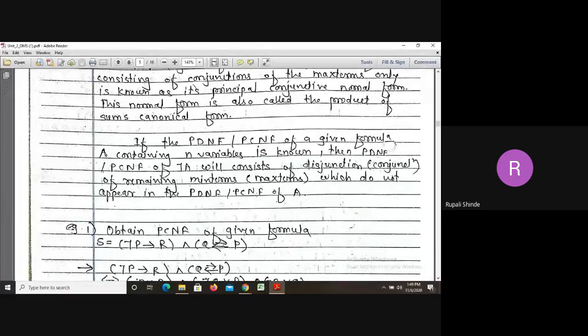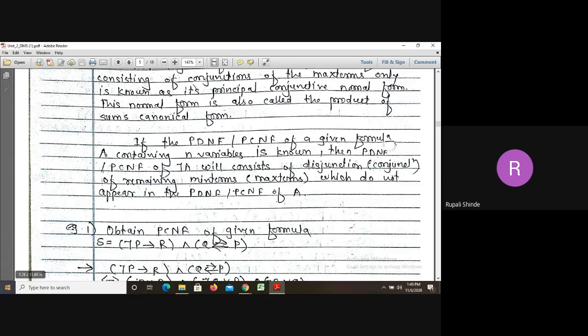So if out of these 4 min terms 2 are present in PDNF. Okay, जर 2 तुमच्या PDNF मध्ये असतील तर राहिलेले 2 कशाला असणार आहे? PCNF ला असणार आहे. मग PCNF कसं काढायचं? आधी मिसिंग टर्म्स बघायचे, त्यापैकी जे 2 राहिले ते कन्सिडर करायचे आणि परत त्याचं निगेशन घ्यायचं, ते म्हणजे रिक्वायर्ड PCNF असणार आहे.